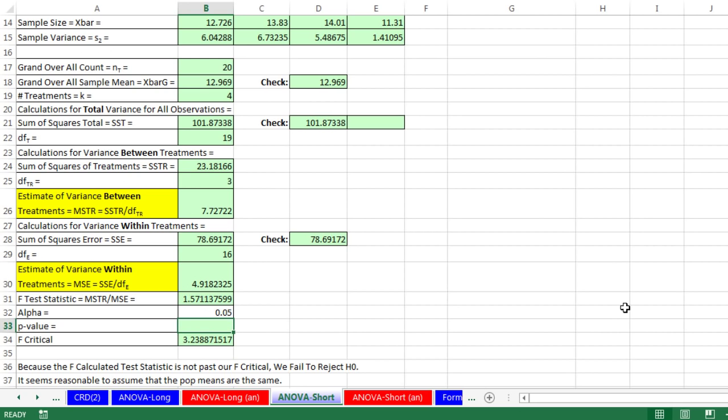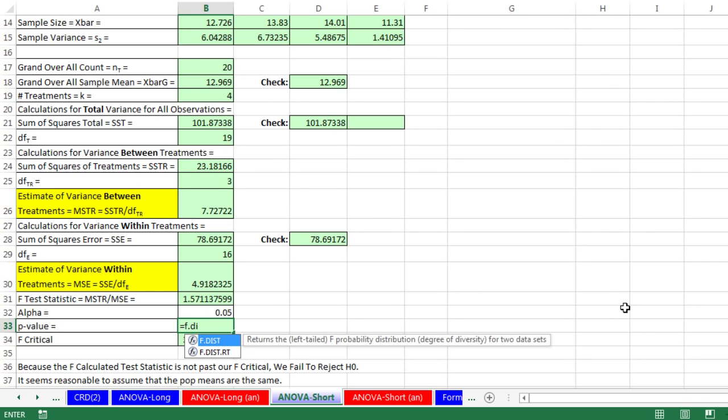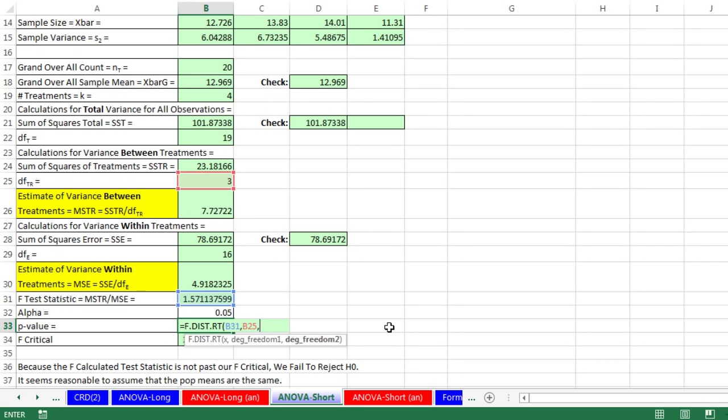And if we do our p-value, it's the same thing. F.DIST.RT, and we're using DIST because we want a probability, and we're using right because we're on the upper end. It's going to give me the probability of getting 1.5 F-test statistic or more, comma, degrees of freedom. We take the treatment, comma, and our error. Control Enter.